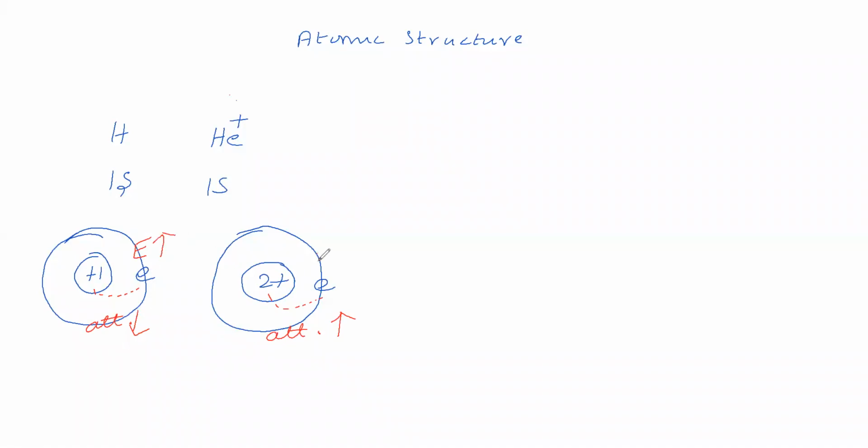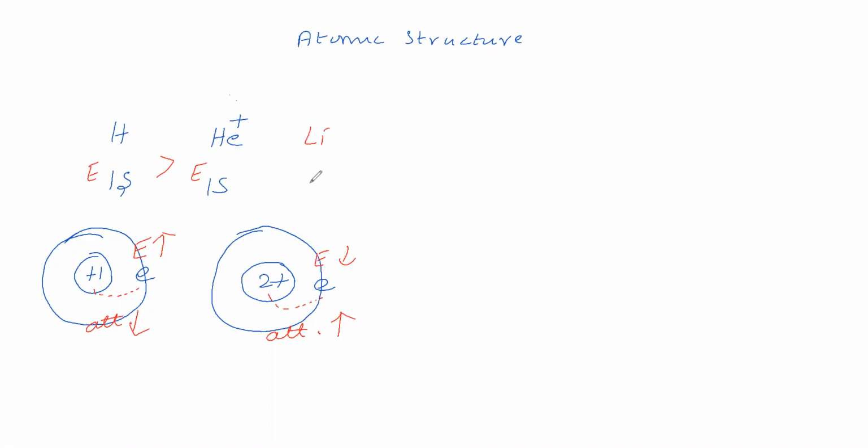More attraction means the energy of the orbital is less. Therefore, if you see the order of energy, the energy of 1s for hydrogen is greater than the energy of 1s for He plus.